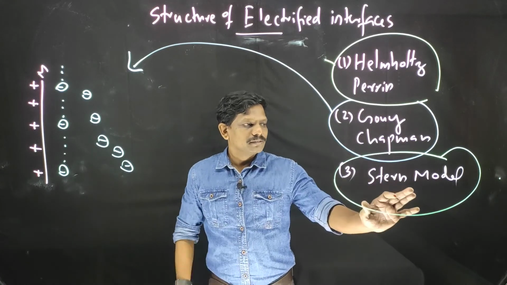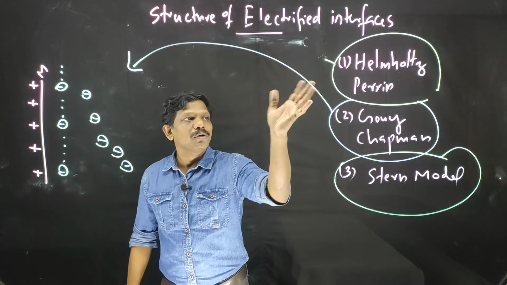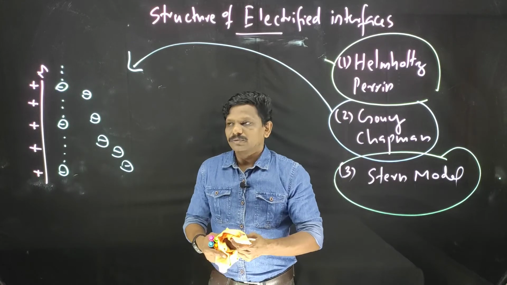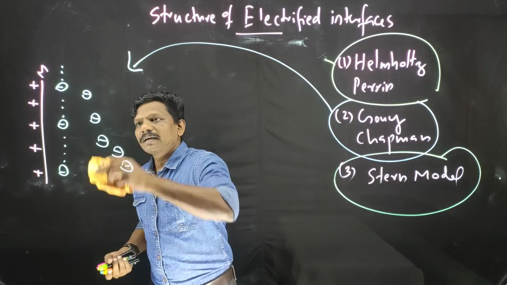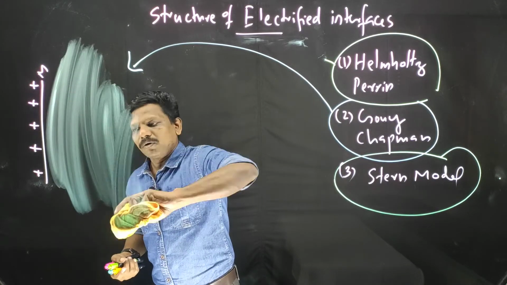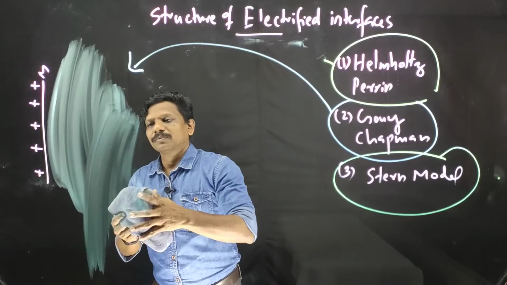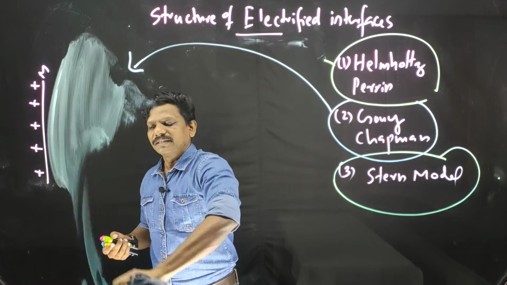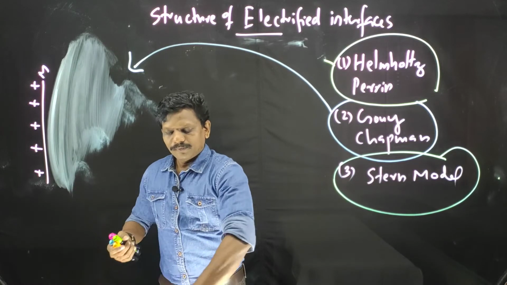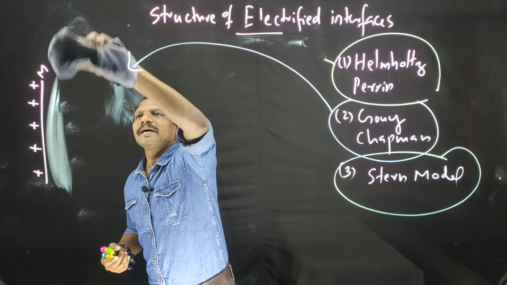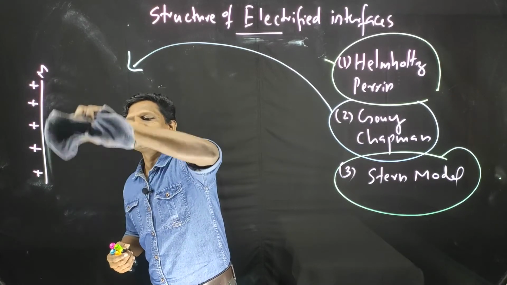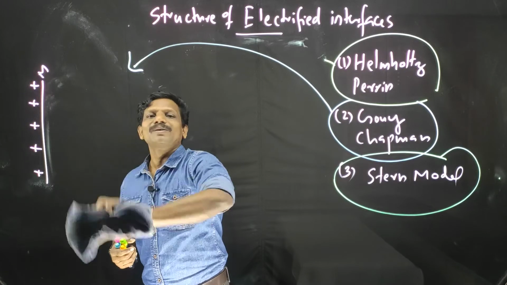So that is why this Stern model is coming, with a combination of these two. Okay. So this model has not ruled out the possibility of OHP, and according to the distance, that means when the ions are very close to the metal surface, definitely there will be OHP.